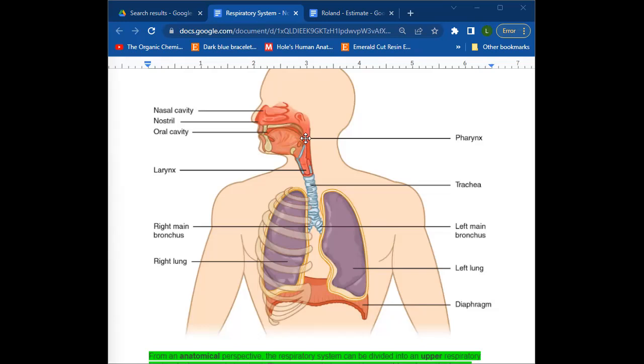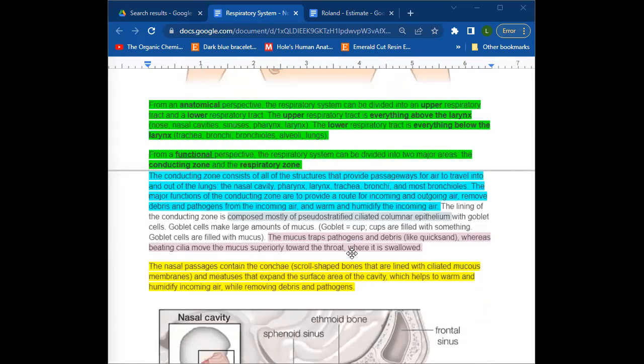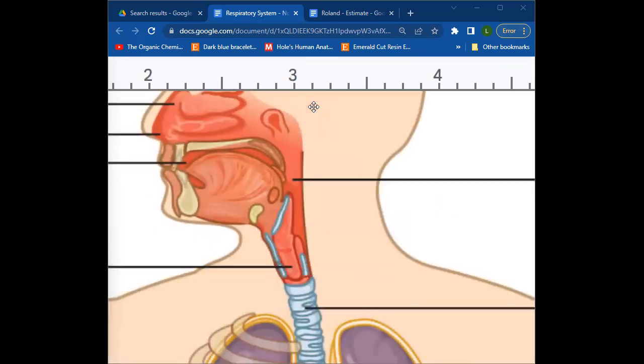So first there should be the pharynx, and then it would be the epiglottis after that. I think that's this flap right here. That's the epiglottis. And then the rest of the larynx is down there. So it's pharynx, epiglottis, larynx.